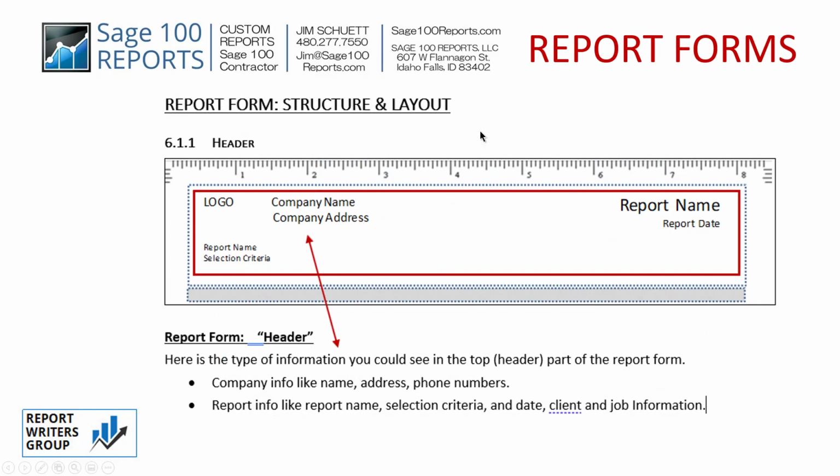Now, in your report form, the structure and layout consists of, generally speaking, a header, and we put the type of information that you could see at the top of the header as part of the form. Things like company name, address, phone numbers, report info like report name, the selection criteria, the date, the client, the job information. Those are the types of things that go in the header area of the report form.